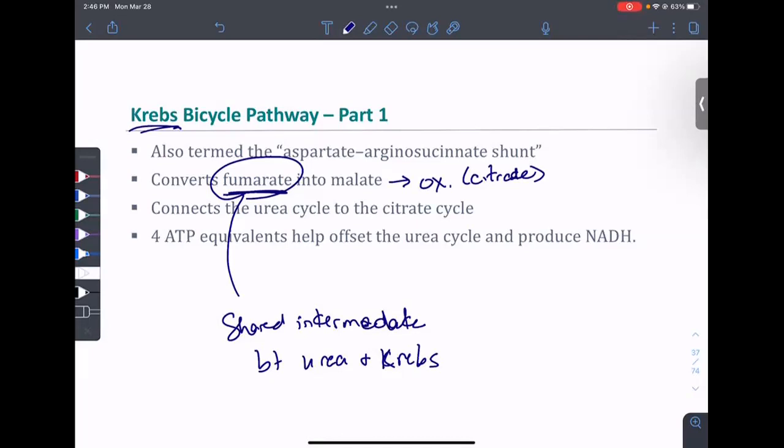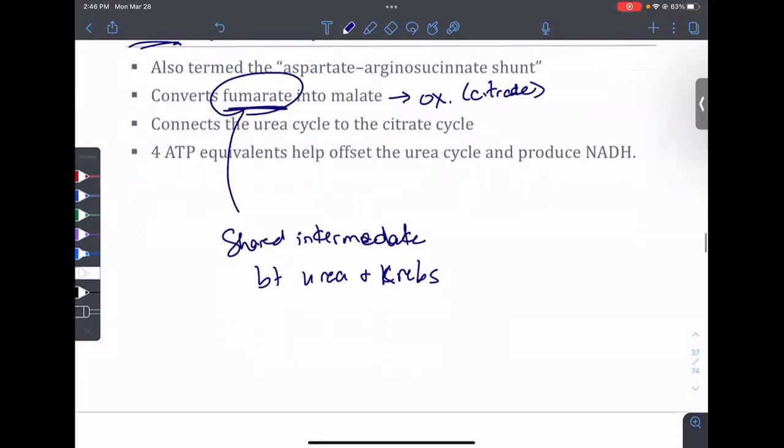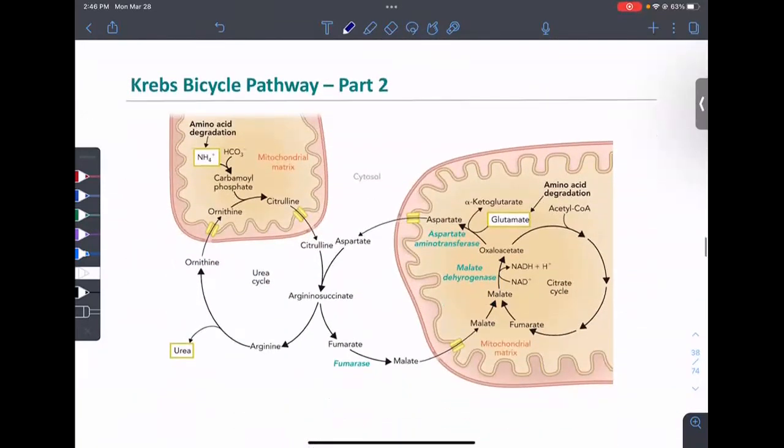And if you remember, if you're going through even part of the citrate cycle, you're going to make some energy carrying molecules that can then go through the electron transport chain and help to offset the amount of energy that's required to run the urea cycle. So remember, on the left-hand side over here is our urea cycle, on the right-hand side is our citrate cycle. And the pathway in the middle is going to link the two.